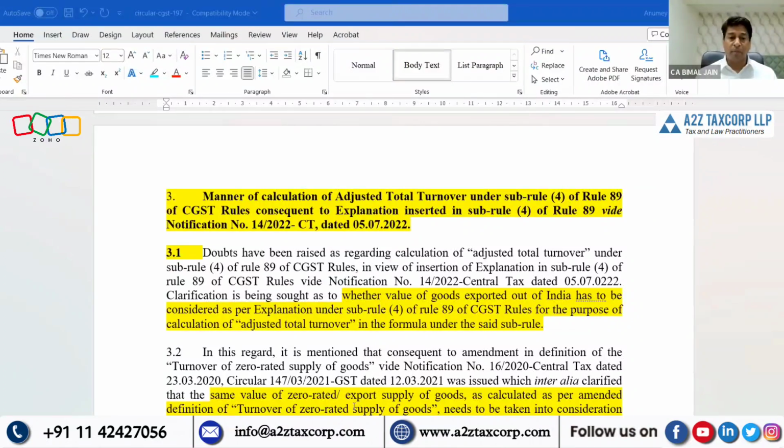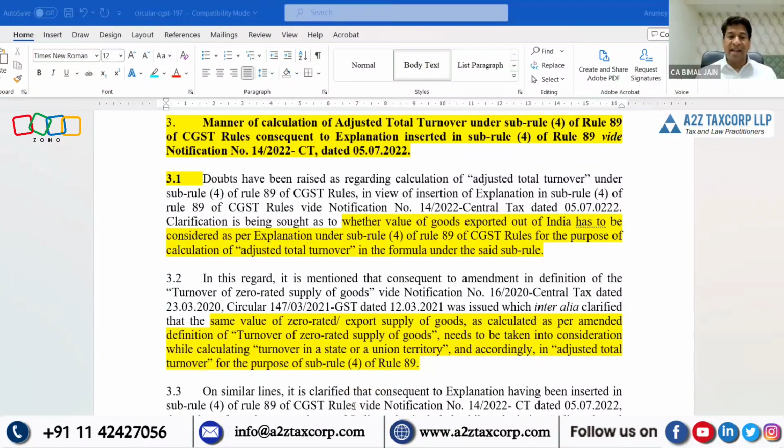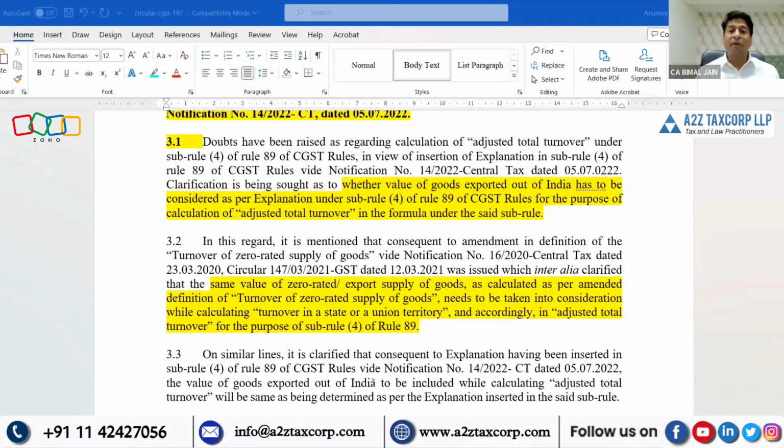under the said sub-rule. Now, what they are saying is that the same value of zero-rated or export supply of goods, pertaining to goods they are referring, as calculated as per the amended definition of turnover of zero-rated supply of goods, needs to be taken into consideration while calculating turnover in a state or UT, and accordingly in adjusted total turnover.